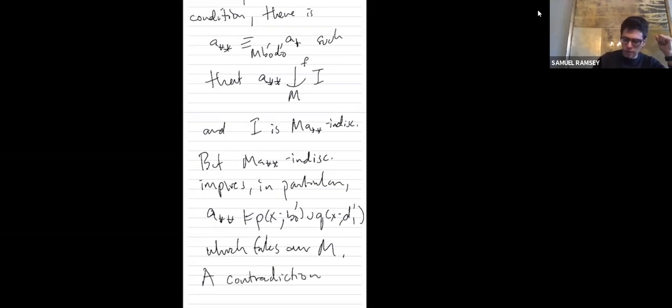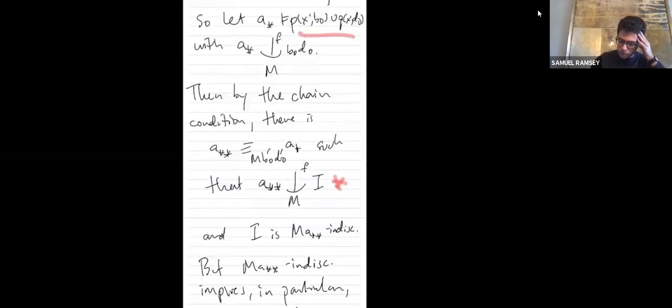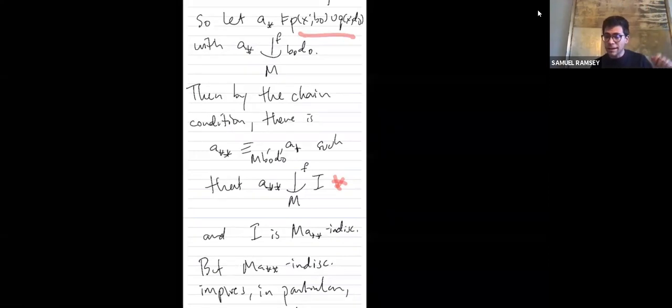So on the one hand, the chain condition told us that we could find something which is independent from the whole sequence. But if we realize px b0, qx d0, and you're indiscernible, then in fact you satisfy px bi for every i and qx di for every i. And that includes even when the i's are different. So that means you have to satisfy px b0 and qx d1.